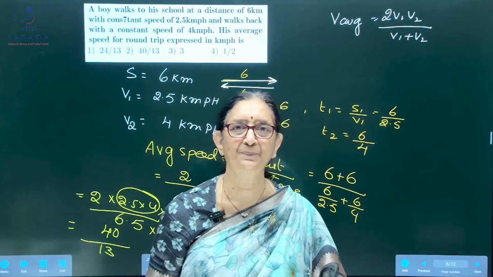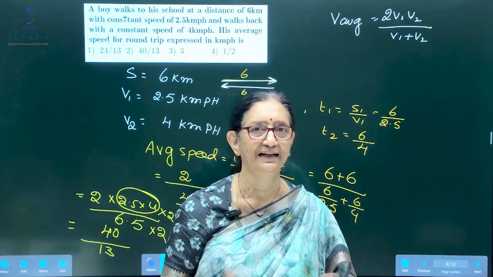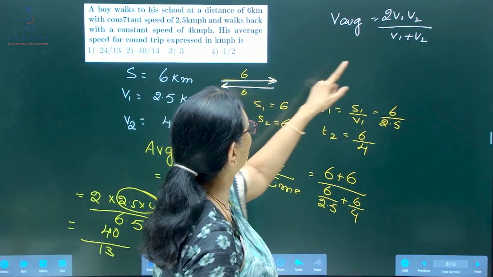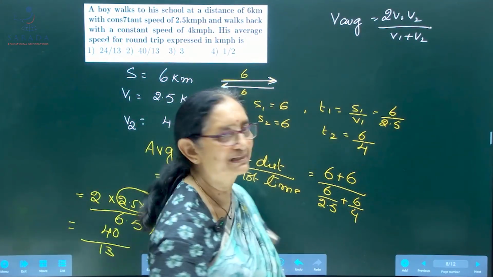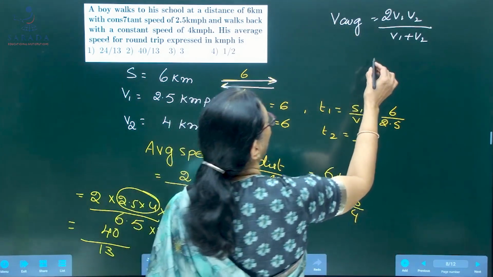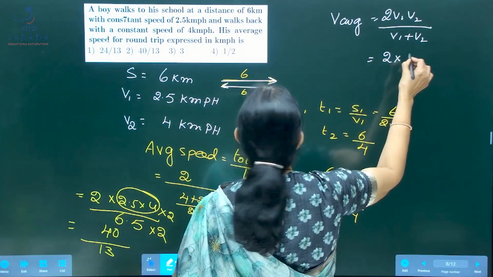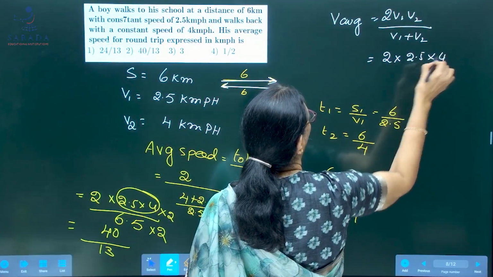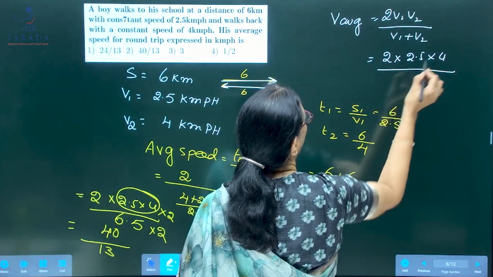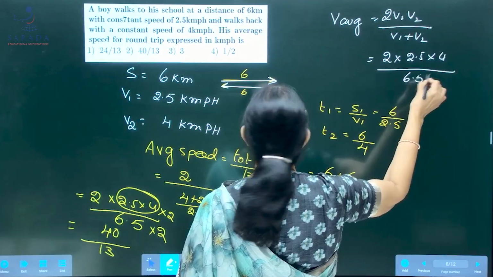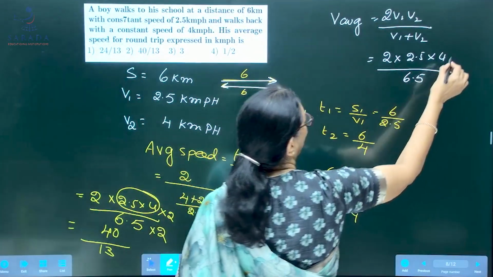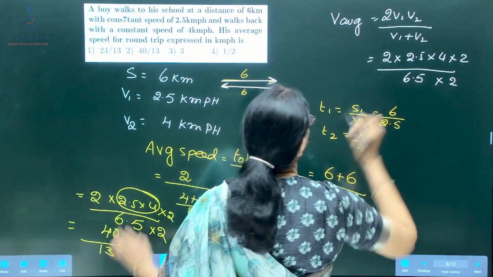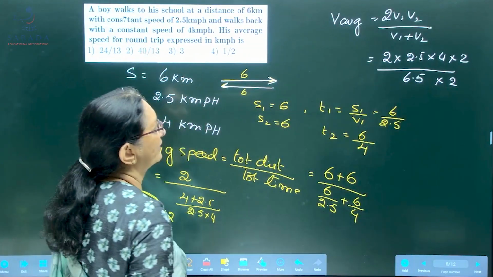But as far as speed and distance are concerned, direction doesn't matter. So he travels half the distance with V1, the next half with V2, then the formula is 2 into V1 V2, 2.5 into 4, divided by 2.5 plus 4, which is 6.5. As the option is in that form, 2 times 6.5 is 13, so it is 40 by 13.